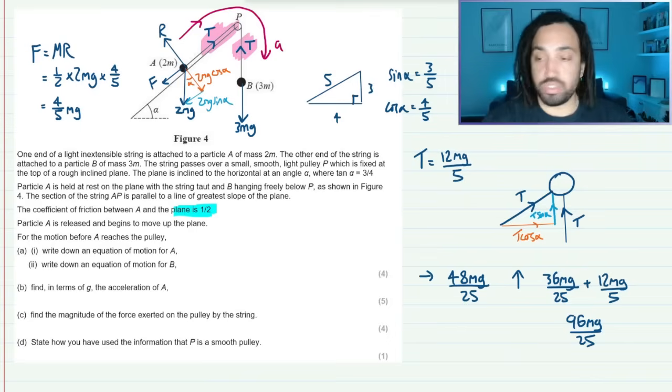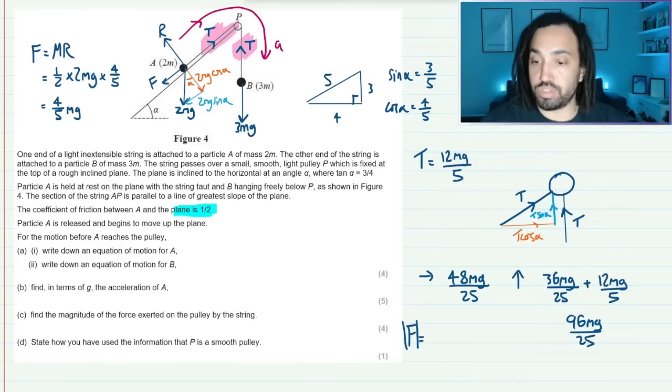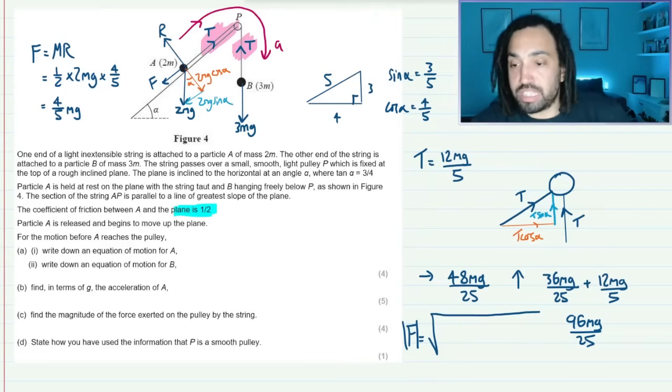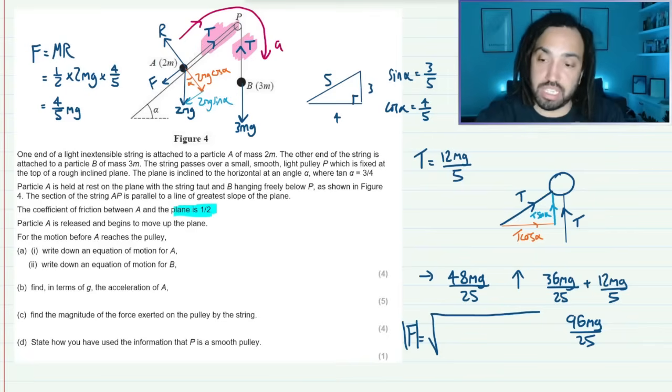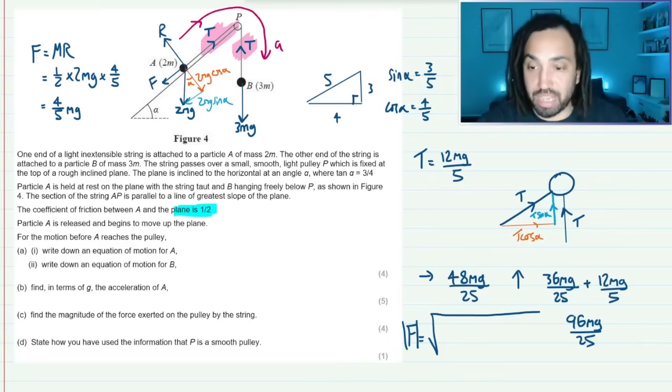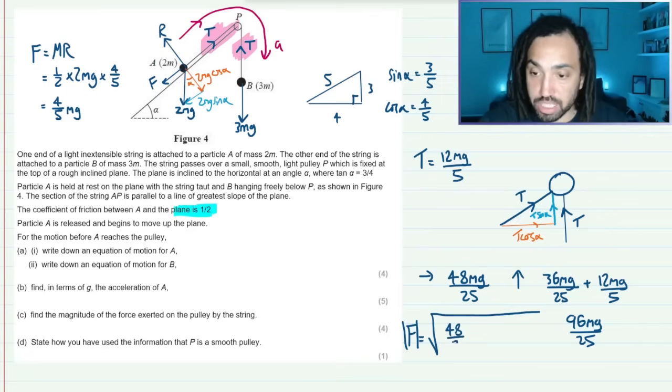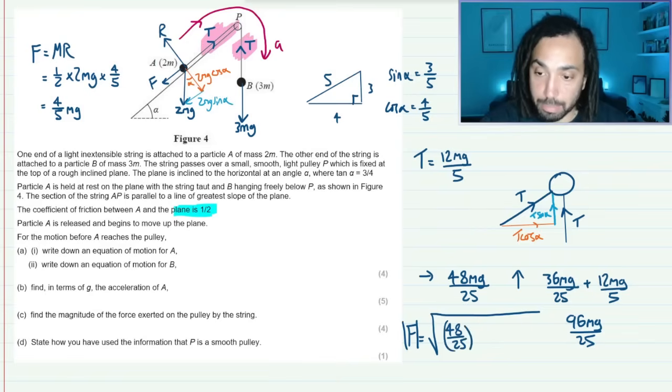Okay, so those are the two components, and now to find the magnitude of the force, what we need to do is the square root of the squares of each of these. Now, when we have these mg's there, we can just take them out and just do the components, the coefficients, and then add the mg's back in at the end.